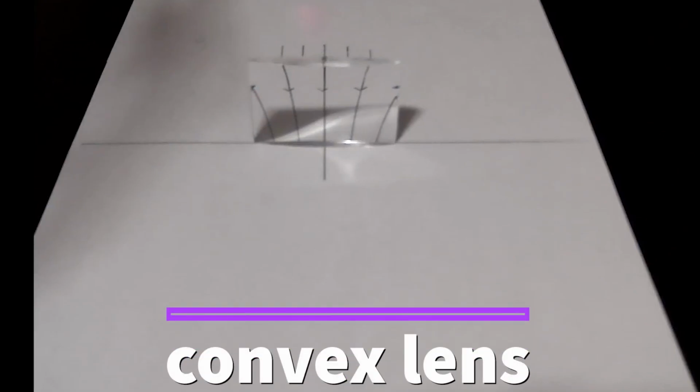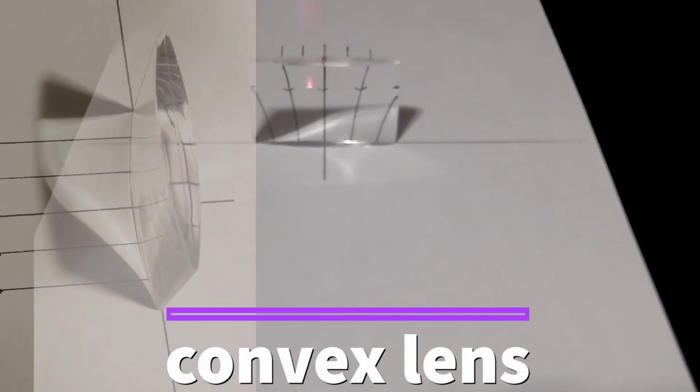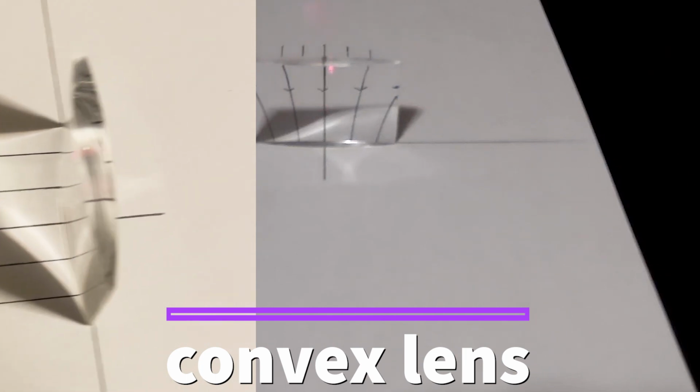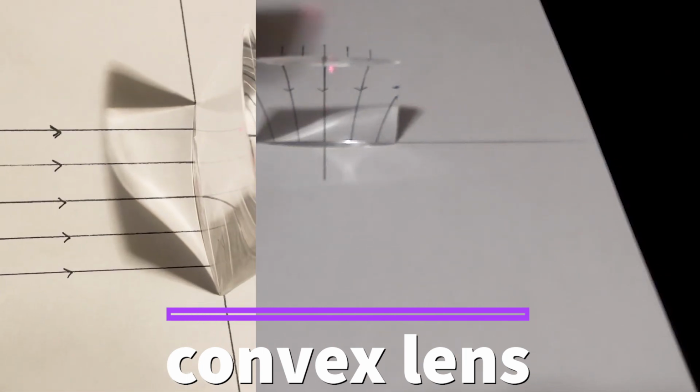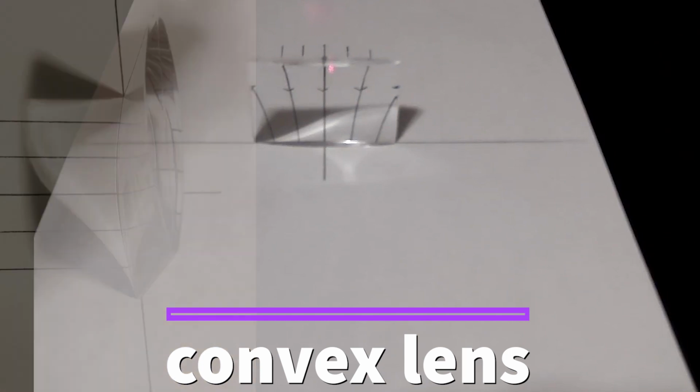So measure that. Now, in order to find the focal length of the convex lens, you take the convex lens that as I have done and keep it on the line that has been drawn. So situated on the line. Okay, so that's the convex lens situated on the line.